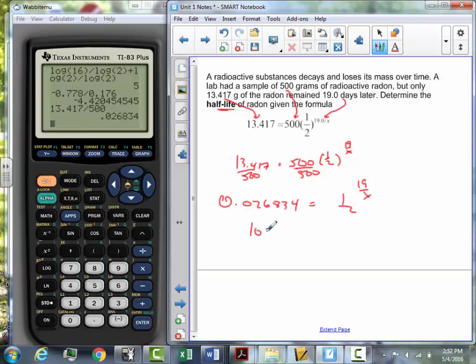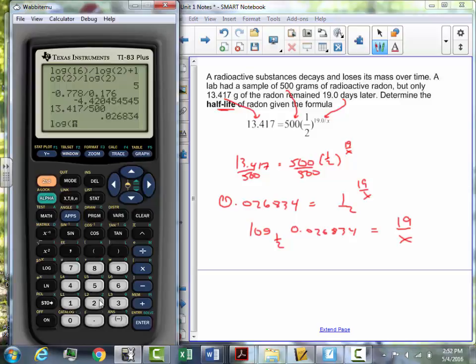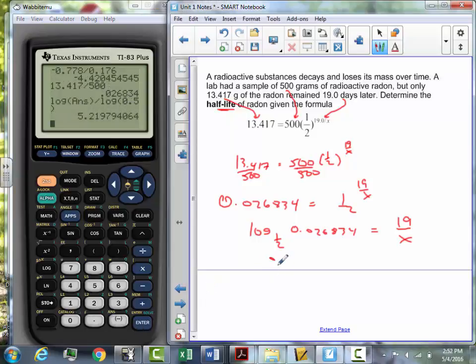This would be log with a base of 1/2 for the number 0.026834, and that's going to equal 19 over x. Then I'm going to find what this number is right here. It's kind of gross, but it's the log of that thing divided by the log of 0.5, which means that this number right here is 5.219.